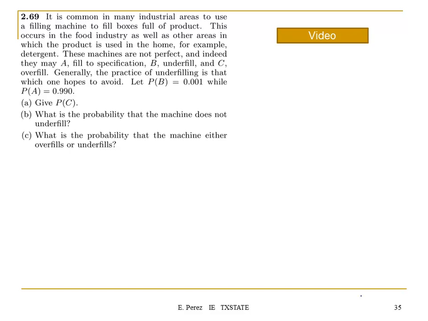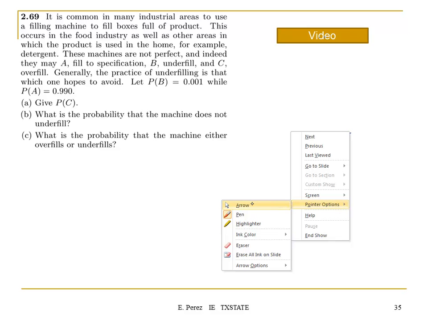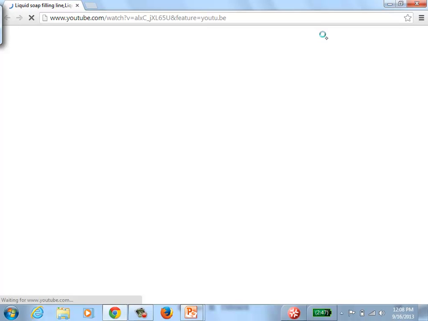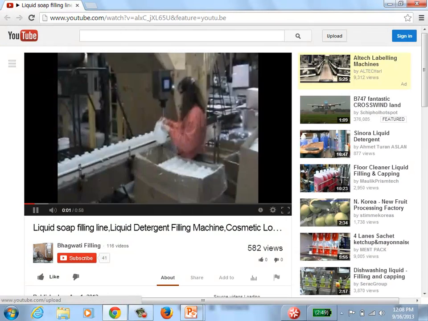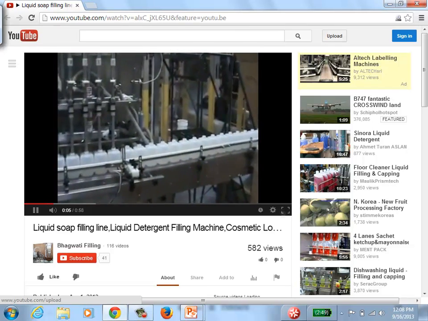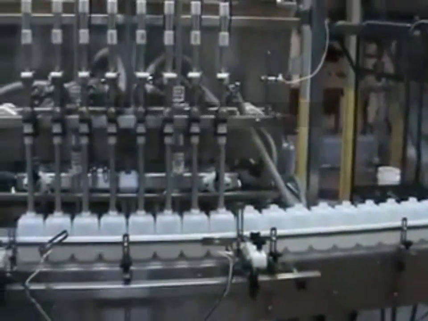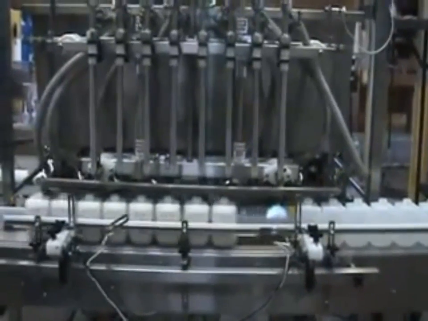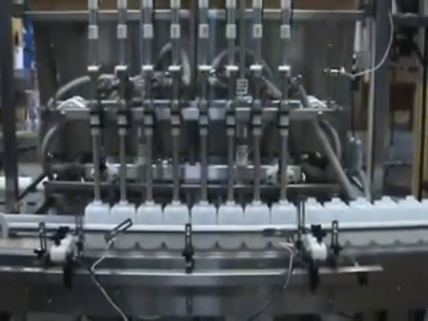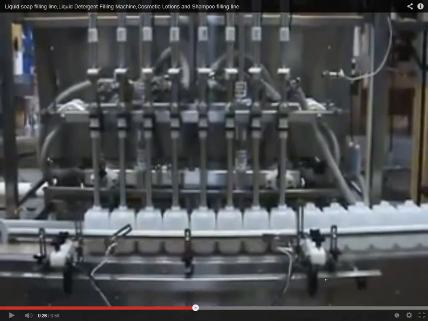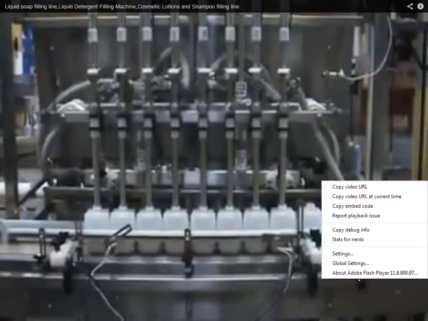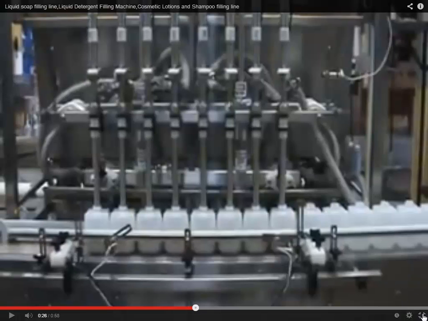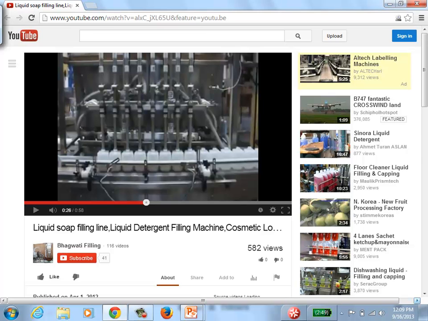Sometimes if you run out of your raw material, you need to set up the machine again.